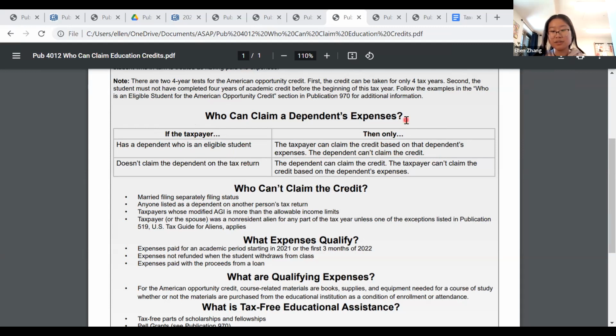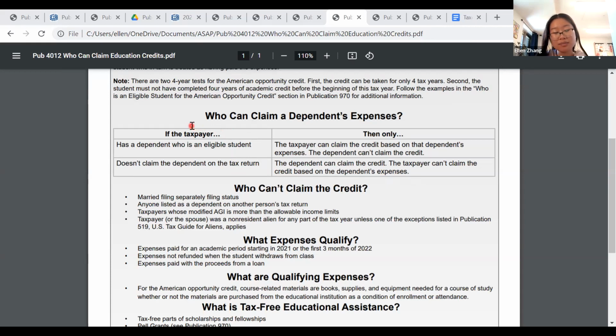So even if you are the student and you paid the entire cost of your tuition, if your parents can claim you as their dependent, your parents are the ones who can claim this credit, not you. But if your parents do not claim you on their tax return, then only you can claim your credit. And it doesn't matter if your parents paid the entire cost of your tuition or not, only you are allowed to claim that credit. So it really depends on your dependency status.